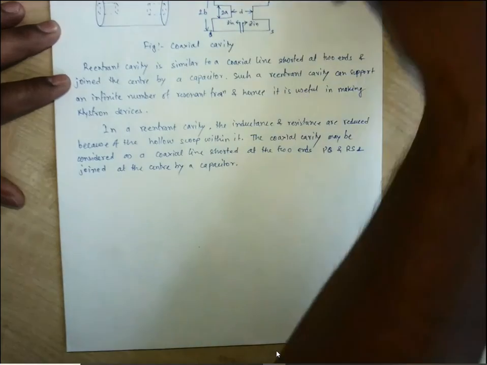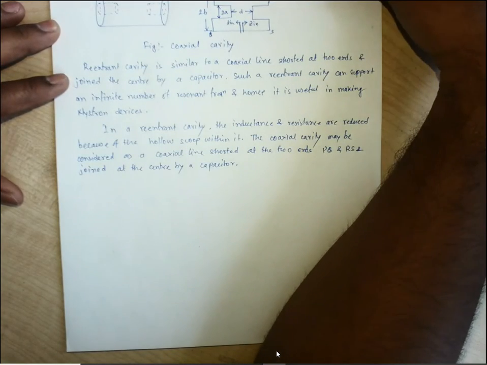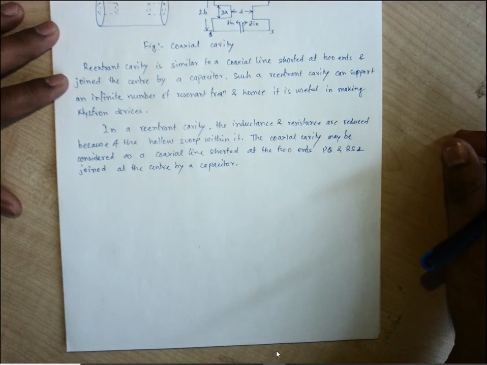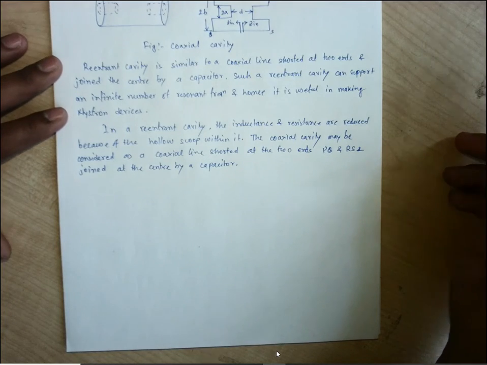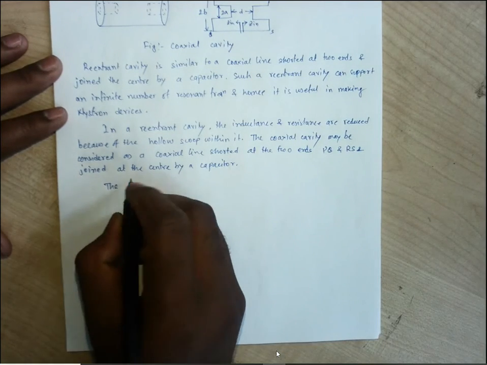So we know for a coaxial cable or for a coaxial transmission line, the characteristic impedance is known.